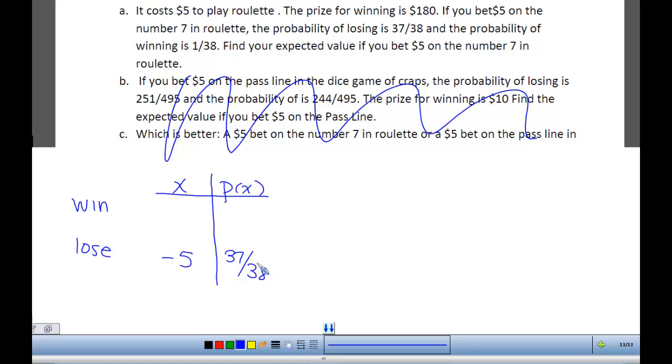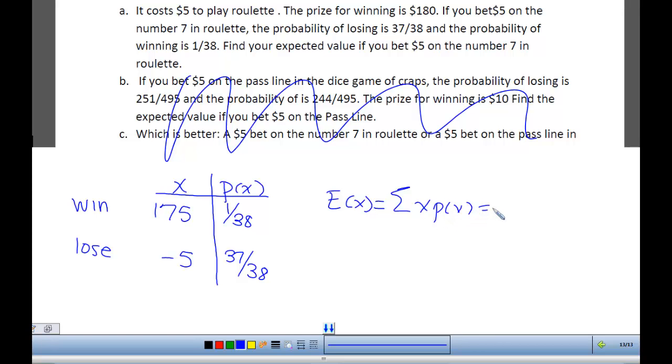So don't forget, from your winnings, you need to subtract what you paid to play. And so the probability of that is 1 over 38. Now that we've got that, we can come up with our expected value. It's almost just as easy to do it by hand. Remember, it's just the summation of X times P of X.